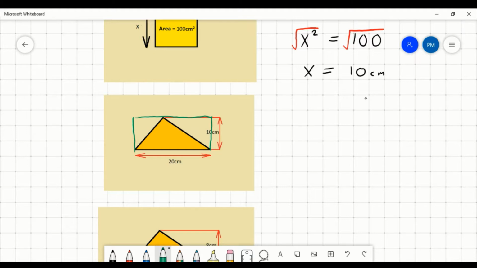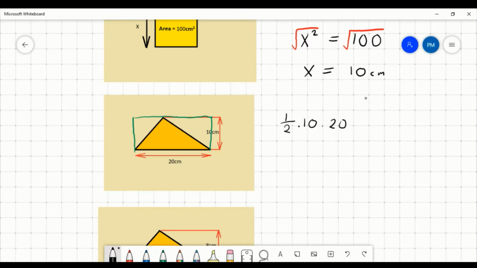So the formula for that will be half your height by your length here, or the base of your triangle by the height of the triangle, if you want to think about it that way. So you can have one half of 10 multiplied by 20.